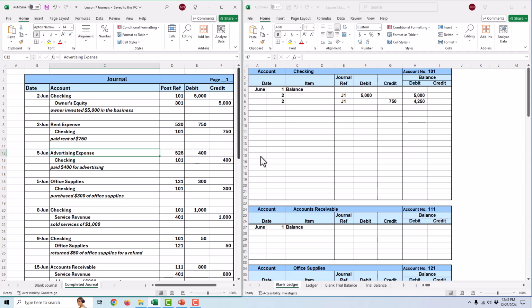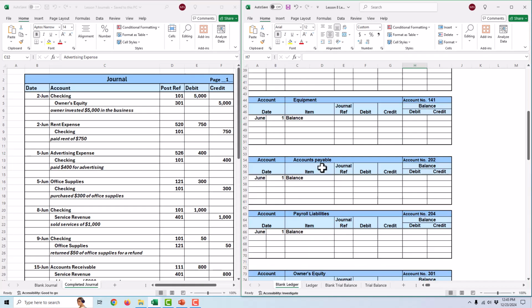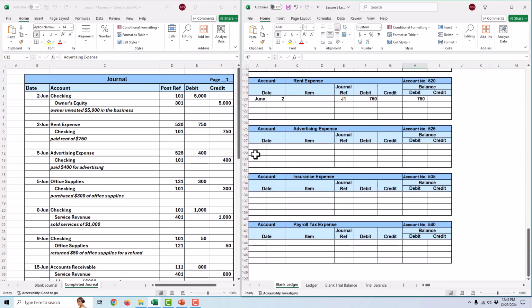Advertising expense was a debit of $400. So we would find advertising expense. Here it is right here. And that would be a $400 debit transaction, which would also be a $400 debit balance, since there are no other transactions here at this point. And then we would go back up to checking.